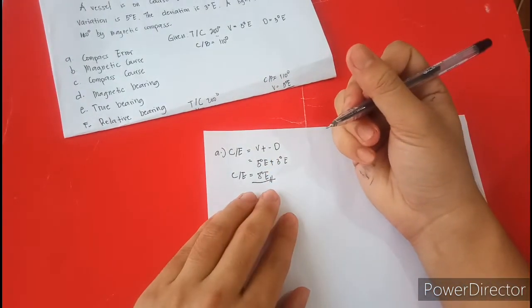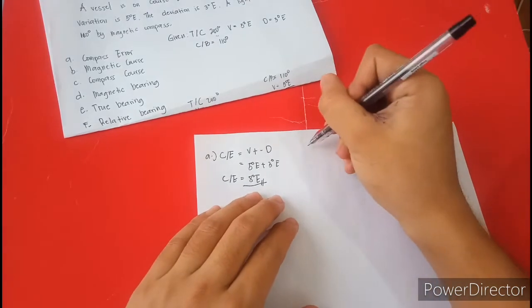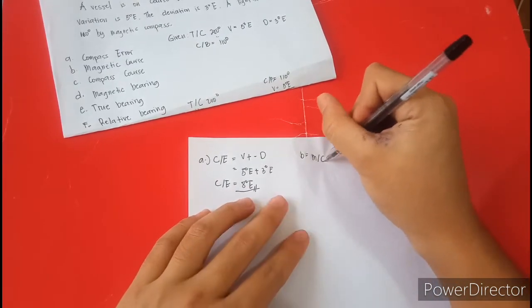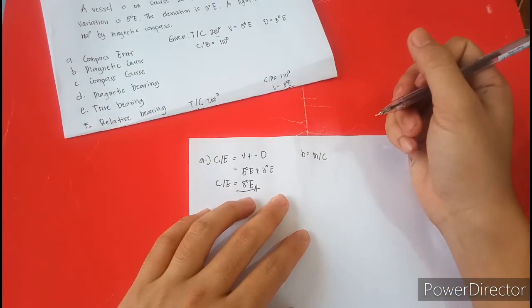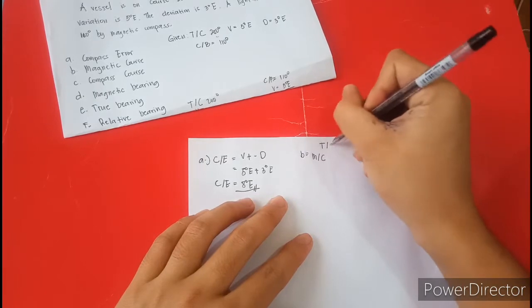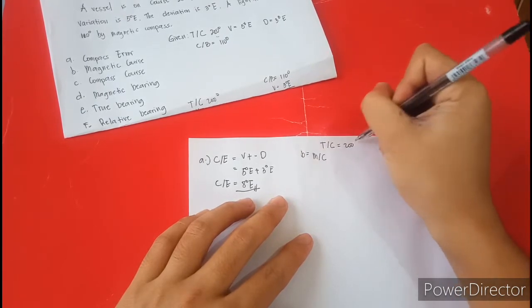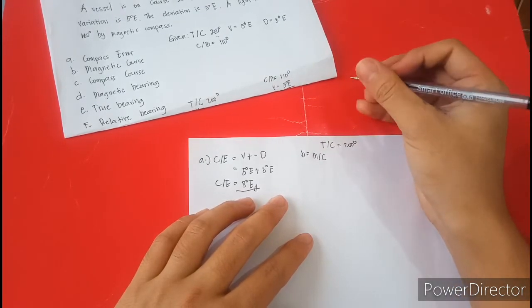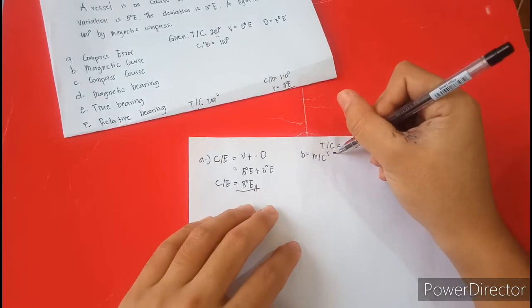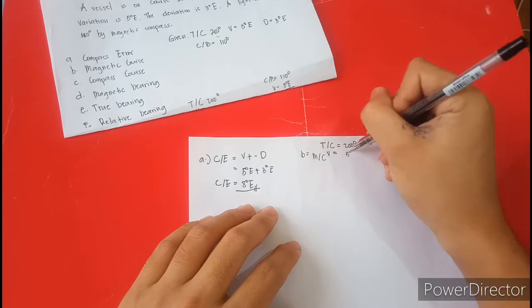Next, we're going to solve for the magnetic course. In solving the magnetic course, we use the true course, which is 200 degrees, and the variation, which is 5 degrees east.